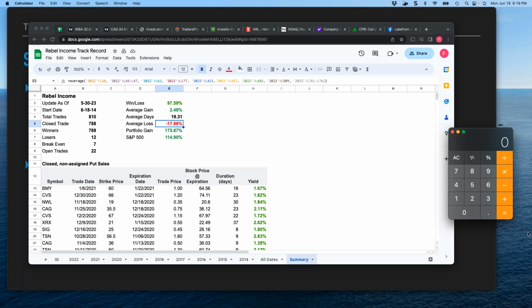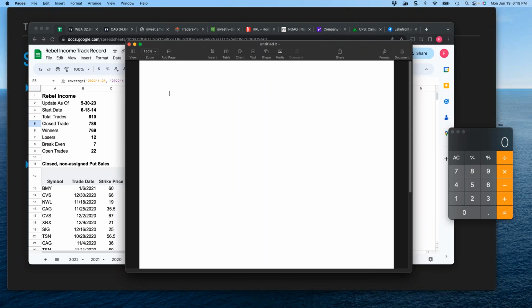Let me pull up a document and let's simplify this just a little bit, so that I can demonstrate it a little bit more effectively. Let's say that we're talking about a typical directional trading system.